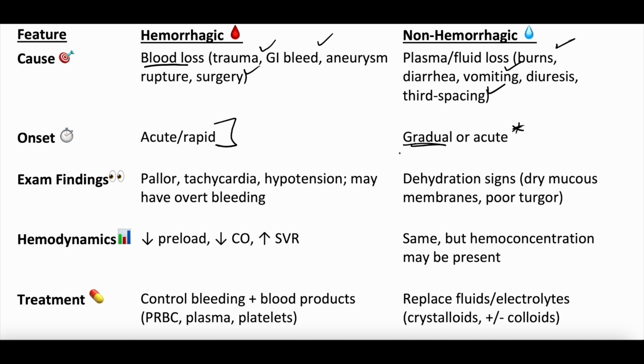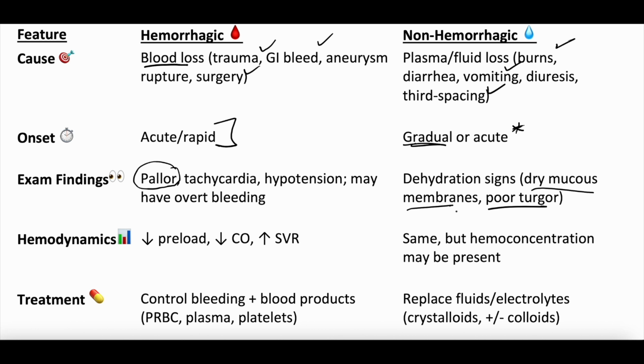Exam findings are very similar, okay? Tachycardia, hypotension, pallor for hemorrhagic, right? Because you're going to be losing blood, so you might have conjunctival pallor. All right. And then exam findings for non-hemorrhagic is mostly dehydration signs: dry mucous membranes, poor skin turgor, where you pinch the skin and it doesn't shoot back down to flat right away.